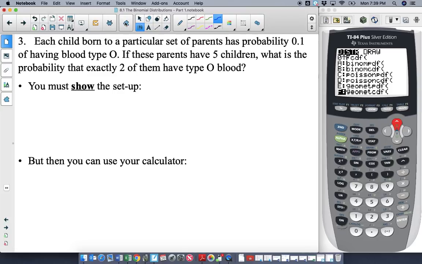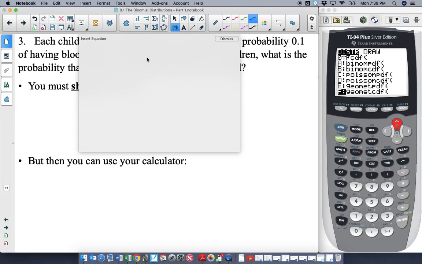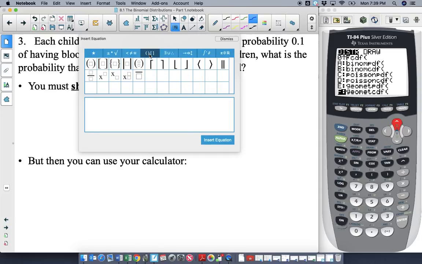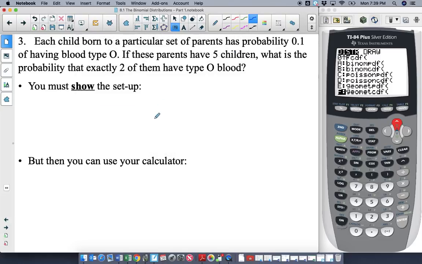I'll pull up my equation editor here so that I can put in this combination. Let me read it one more time. We have 5 kids, the probability that 2 of them have type O blood, and the probability is 0.1.